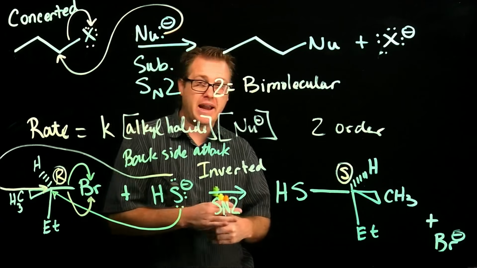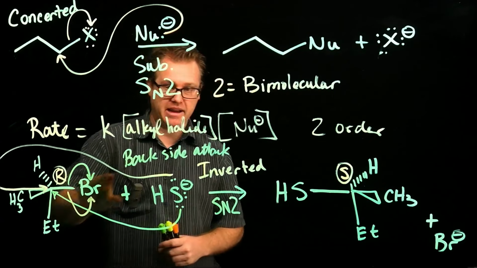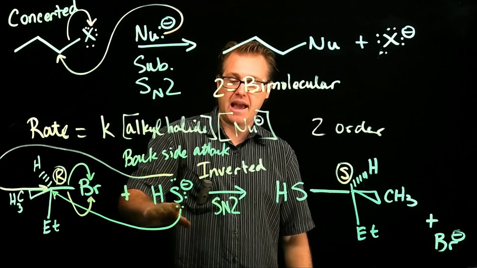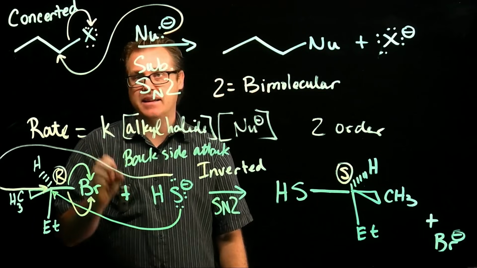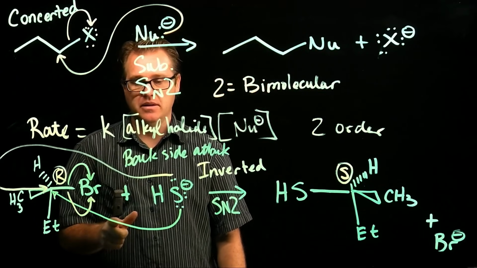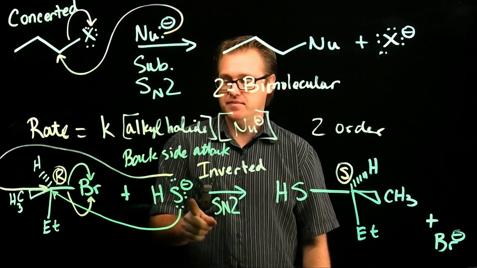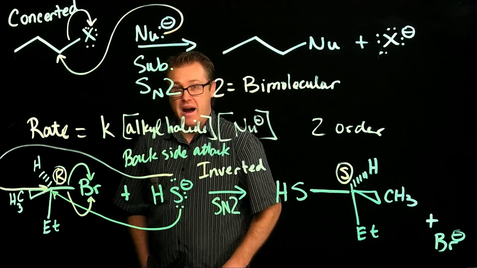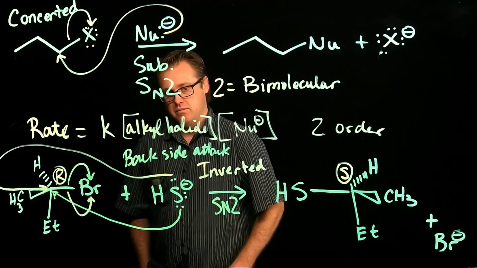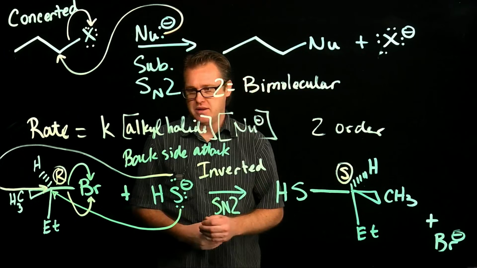So we have two ways to attack this alkyl halide: backside attack and front side attack. Front side attack does not happen. Backside does. Now, why would front side attack not work? That's a good question, good thought.